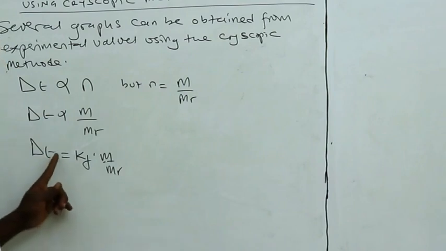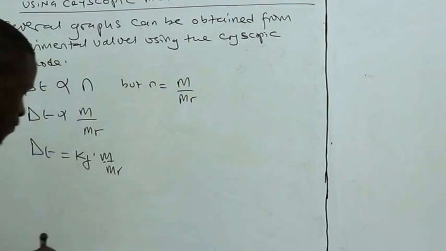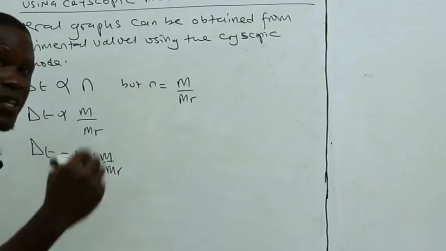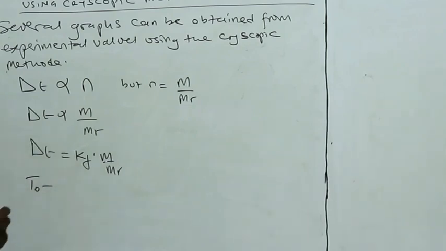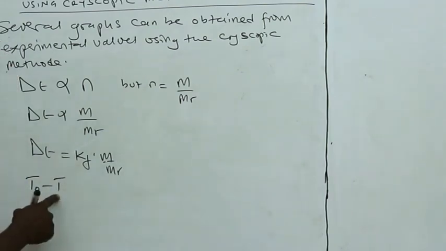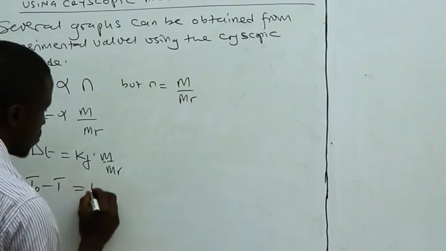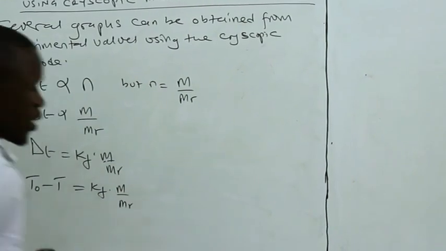So if I substitute the formula for ΔT, which is the freezing point of the solvent subtract the freezing point of the solution, you will get T0 minus T. T is the freezing point of the solution, and T0 is the freezing point of the solvent, should be equal to Kf times mass over molecular mass.